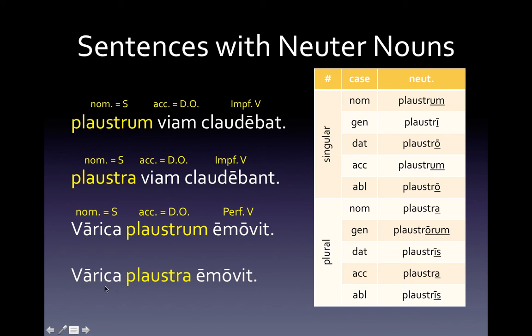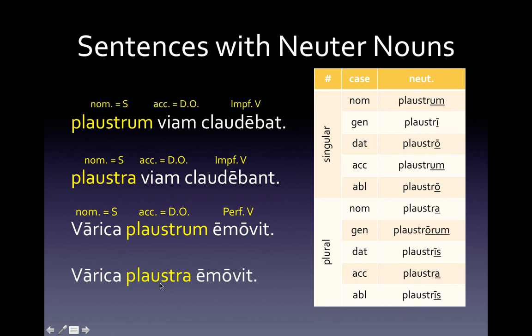we can see here that again we have Varica, we also have plaustra, and then we have our verb. So if you were looking at this sentence in the context of a story and you didn't know what plaustra was doing, this would be really confusing because Varica ends in an A, plaustra ends in an A. So you've got to think back to your flashcards. How did I learn this word?